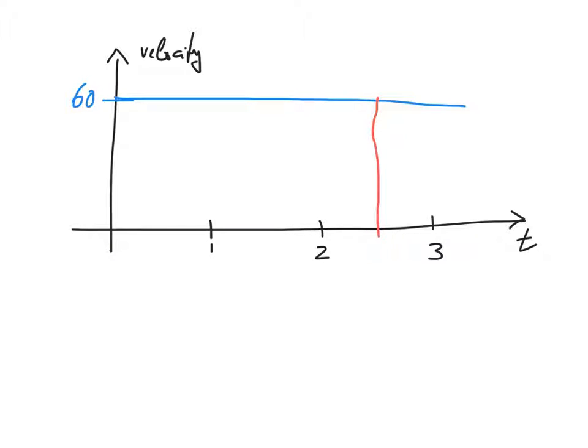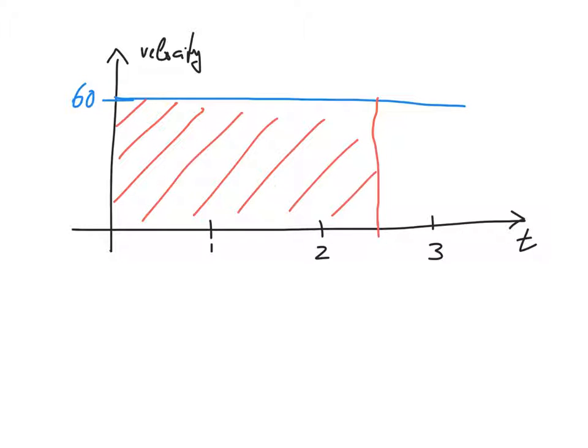You can also interpret this as an area. If you look at the area of that red rectangle, the area would be 2.5 times 60, which is 150.